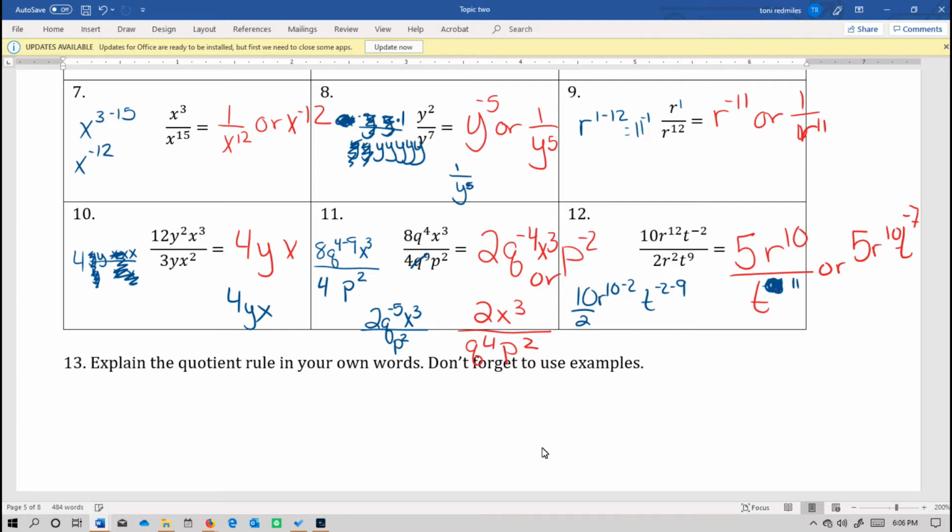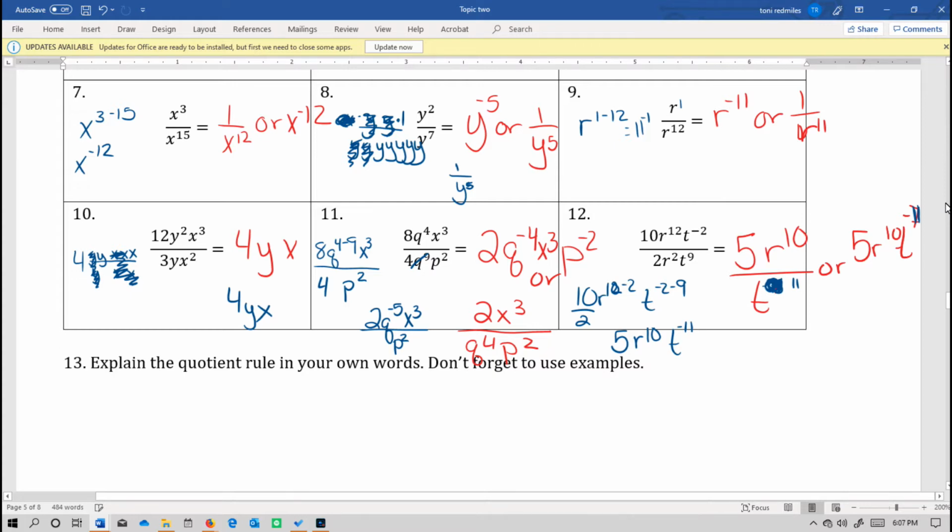It's either 11 on the bottom or -11 on the top. Okay, I made a faux pas there. All right, so 2 goes into 10 5 times. 12 minus 2 is 10. And -2 minus 9 is going to be -11. It's adding up my debt. Now I can make that a positive by throwing it on the bottom if I want. Just like they are equal in our modeling, we could do that as well.